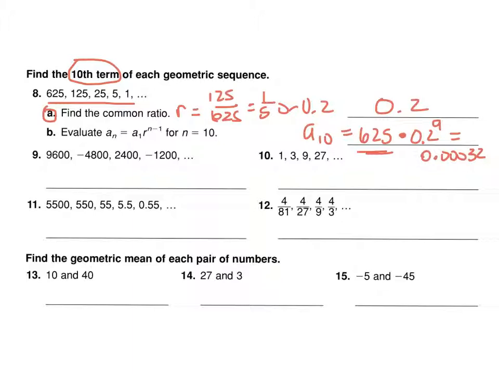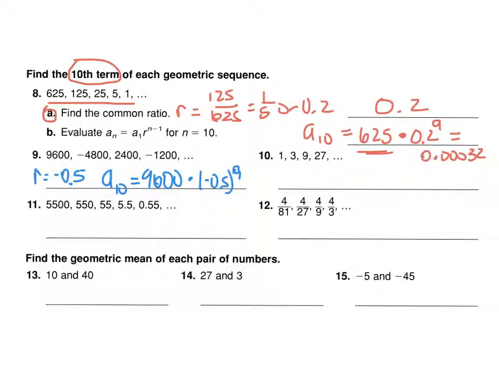So on number 9, my common ratio turns out to be negative 1/2, negative 0.5. Because when you do negative 4,800 divided by 9,600, you get negative 0.5. And that means a sub 10 is 9,600 times negative 0.5 raised to the 9th power.